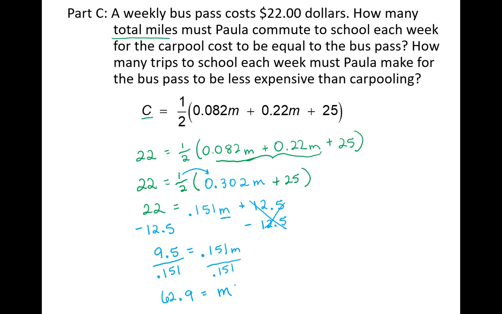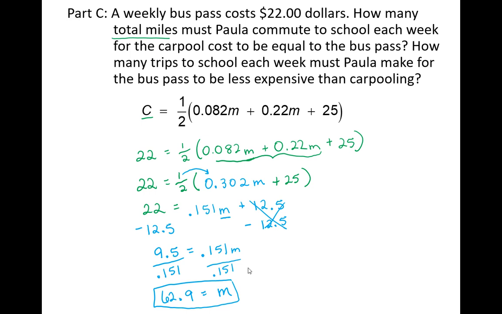I rounded that just a little bit. So if she drives 62.9 miles, it's going to cost exactly the same. If she drives more than 62.9 miles, carpooling is going to be more than $22.